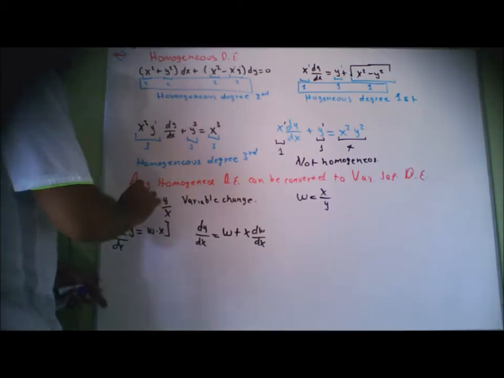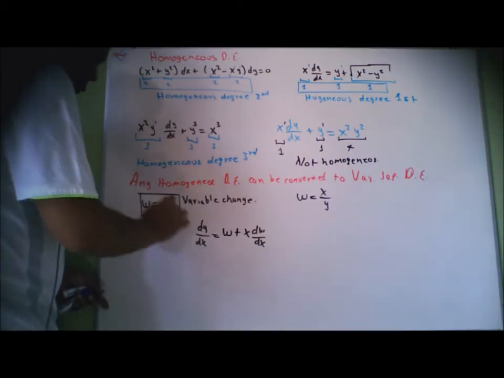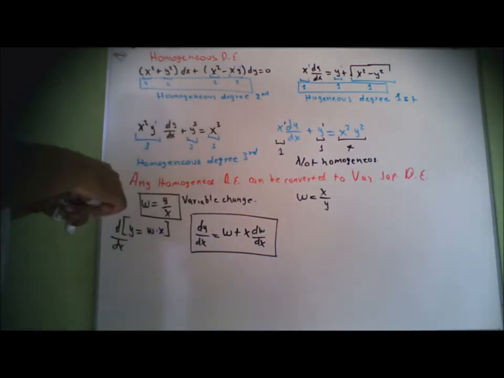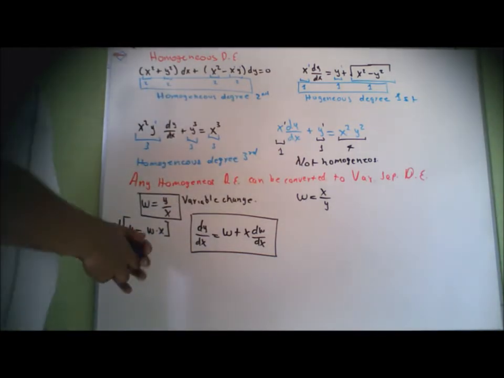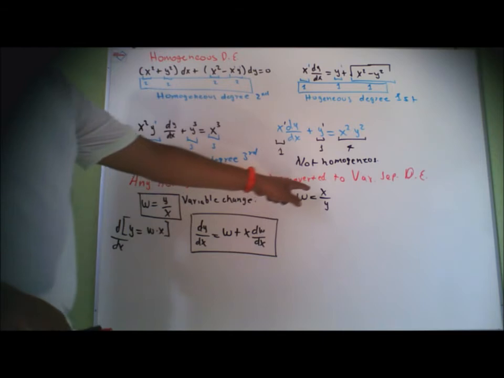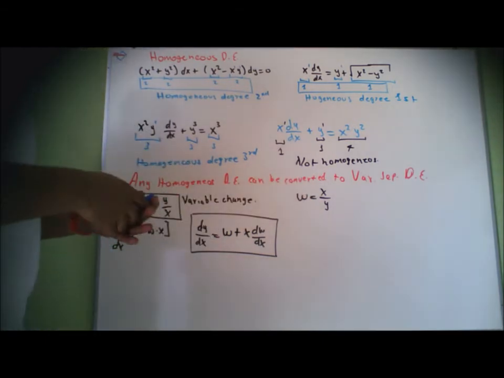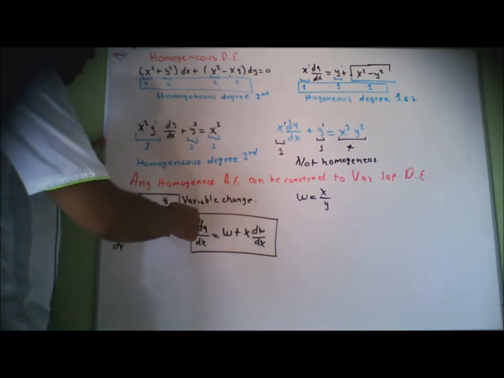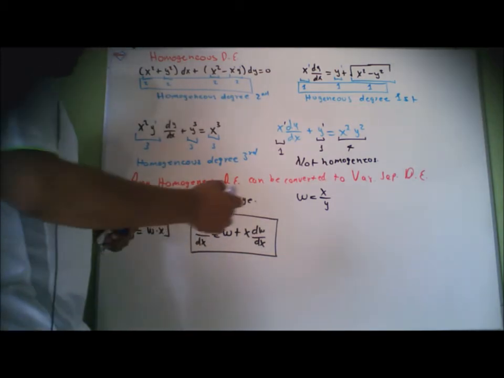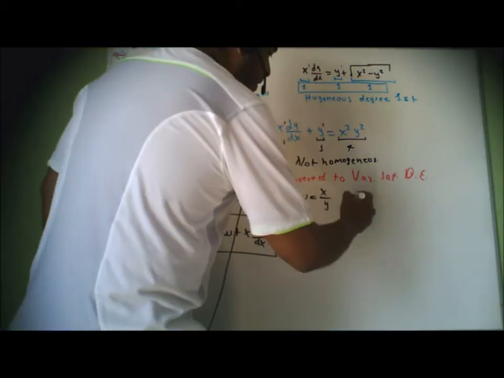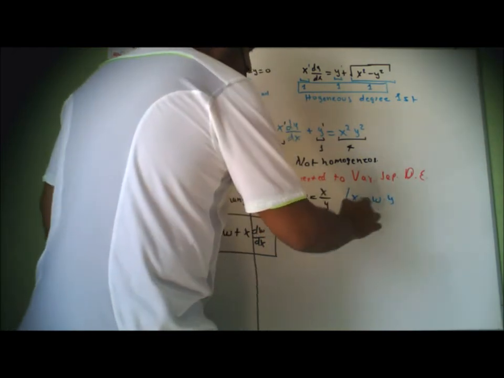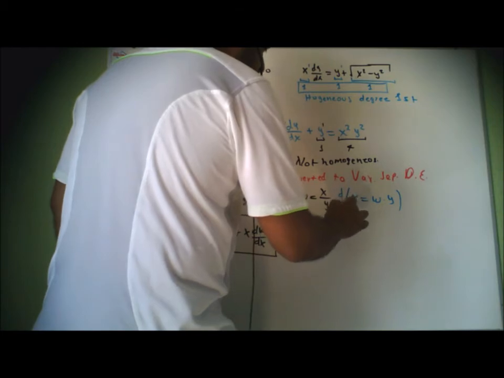With this you are going to make the variable change. Now the other method is just the opposite. Here is y over x, and here is x over y. You use the first when you have the derivative of y with respect to x. Here, you use x equal to w times y, and in the opposite case you apply the derivative with respect to y.